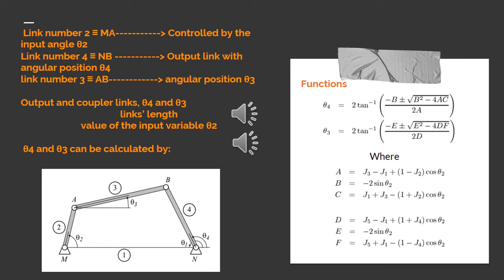On the right side, we have the functions that we can use for the angular position of the output and coupler links. They are functions of the link lengths and the value of the input variable, and the angles can be calculated by these functions.